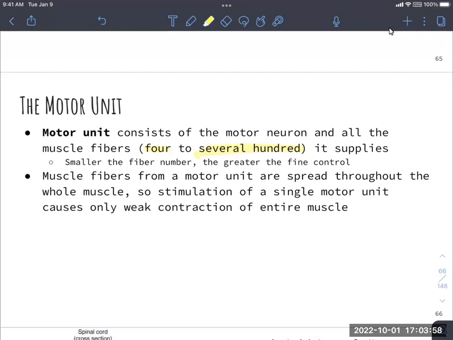So when we get that action potential, it does spread throughout the entire muscle, but if it's coming from one motor unit, stimulation of that one motor unit can only cause kind of a weak contraction within that muscle. It doesn't work as well.